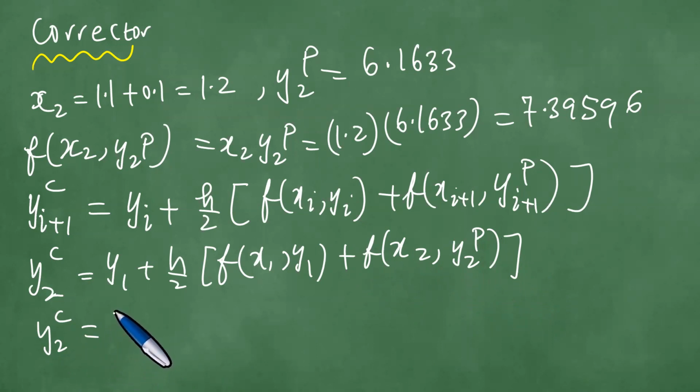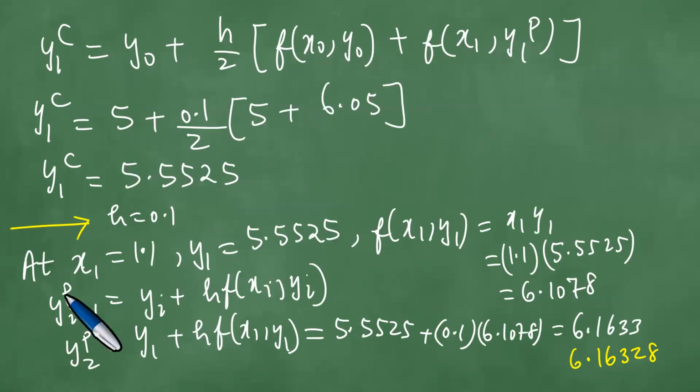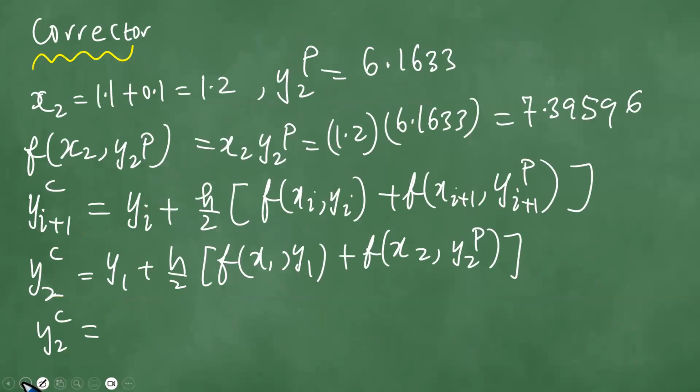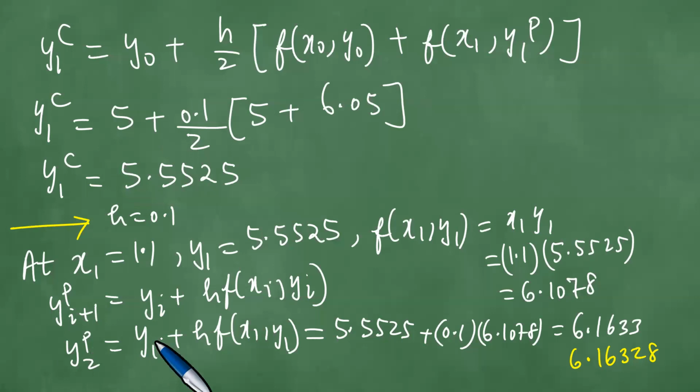It's exactly y1. What is y1? Like we saw before in the corrector, the y0 was what was there in the beginning, but we got a y1 here, and this y1 is what we got before in the predictor.